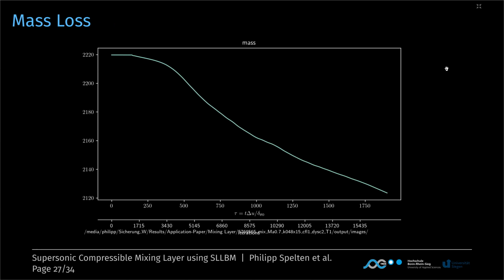It is a loss of around 5% over the whole simulation for the highest Mach numbers. But it does exist, and in some cases it can fluctuate as well. So it does not always go down, but it can go up as well. This is of course a disadvantage of the interpolation, but it's in a range that we can live with.